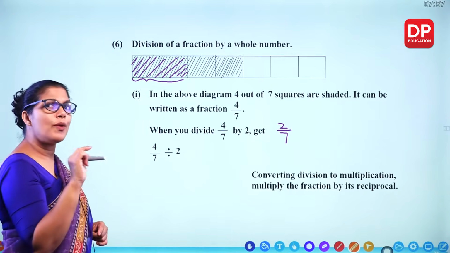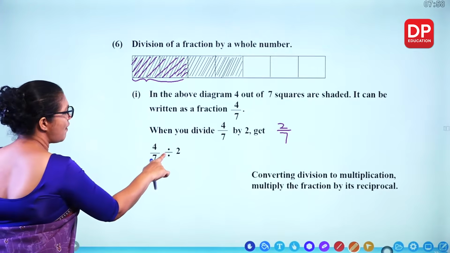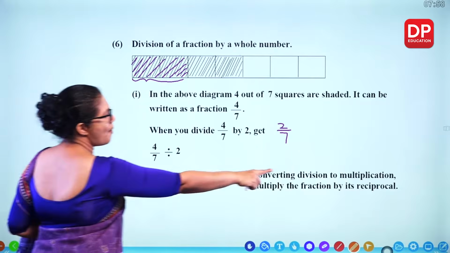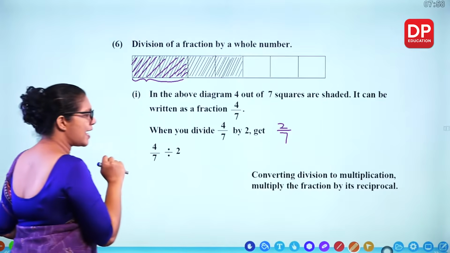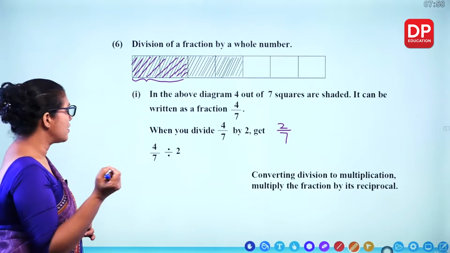Now we'll see how we get that answer. So 4 over 7 divided by 2, what we can do is convert to multiplication by taking the reciprocal.